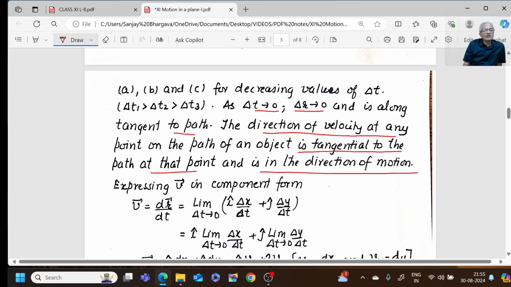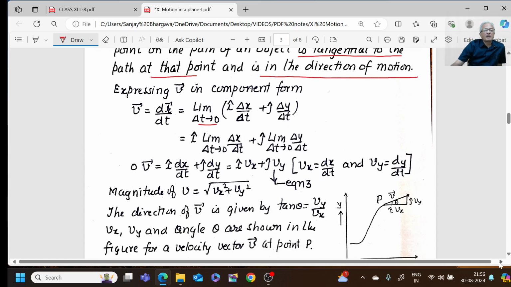So we can express v in component form. v is equal to dr by dt, limit delta t tending to 0, i of delta x by delta t plus j of delta y by delta t. Now we can write it this way also: i cap limit delta t tending to 0 of delta x by delta t plus j cap limit delta t tending to 0 of delta y by delta t.